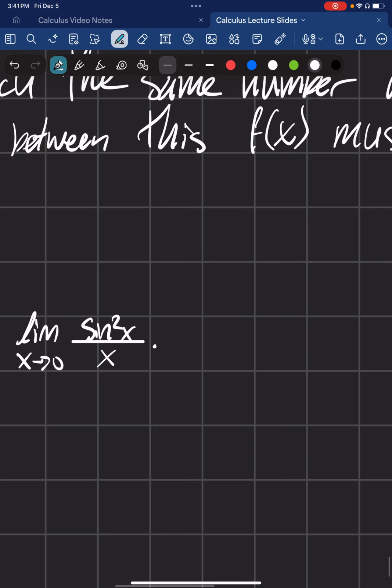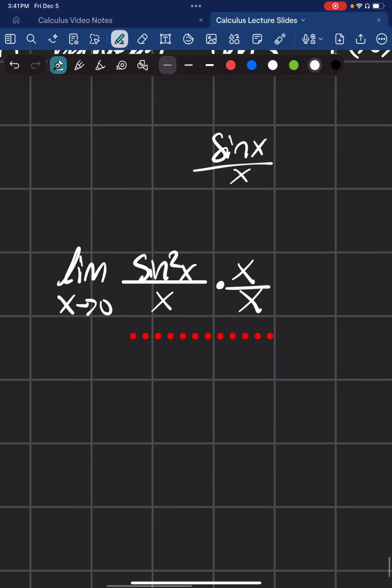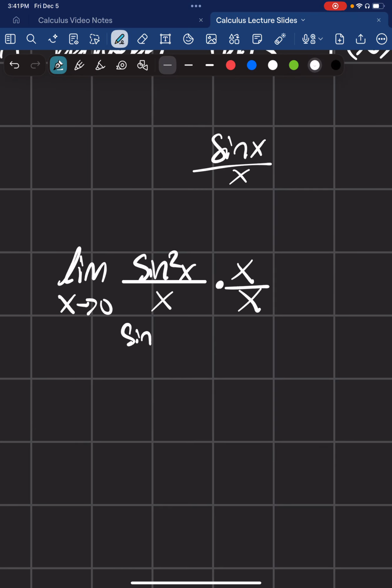But remember, we want this to look like sine x over x, right? All this is missing is that this one isn't multiplied by x. So the idea here is if we multiply this by x over x, we can then make this sine x squared over x squared, right?